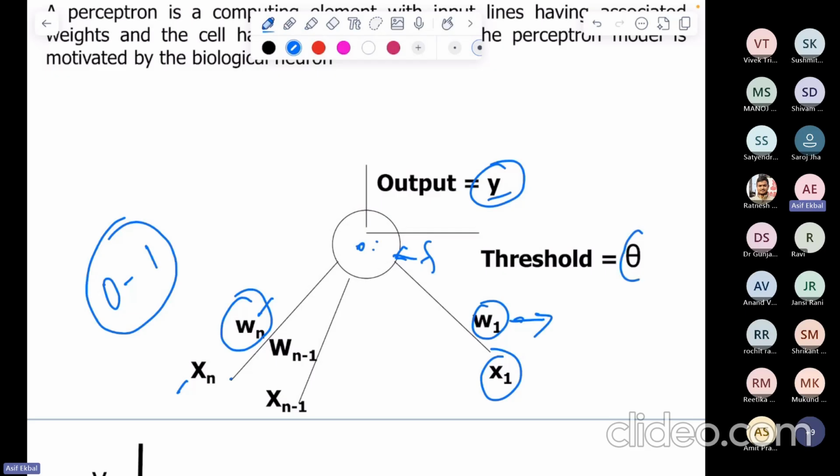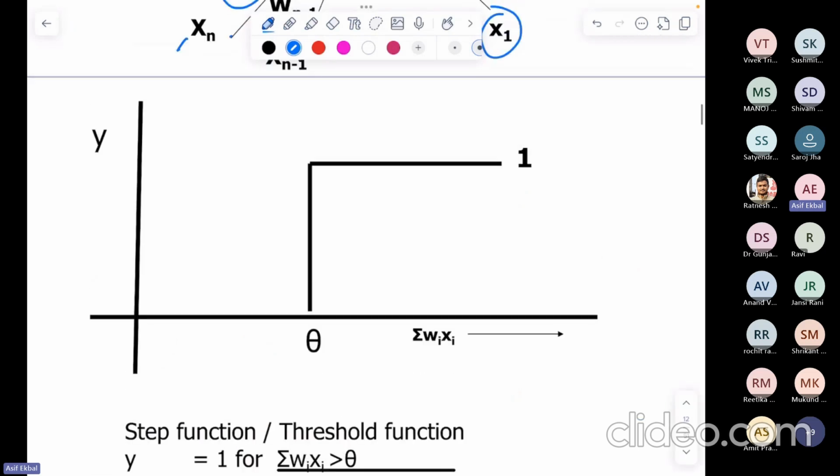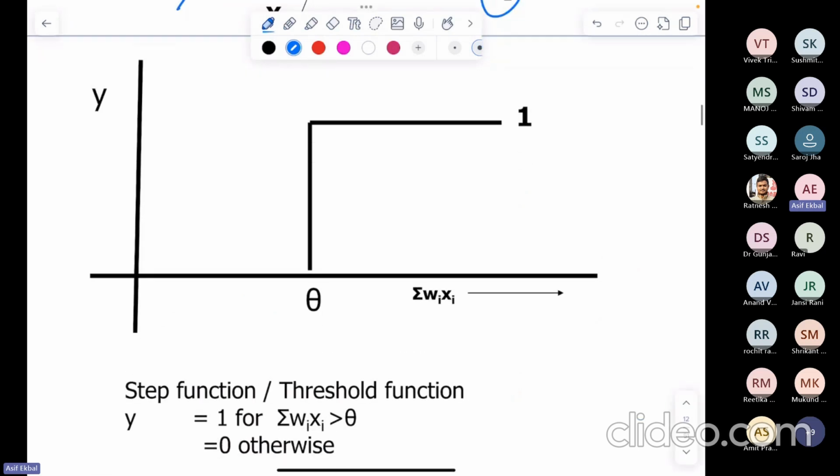Now we also have a kind of threshold to compute, denoted by theta. Typically this threshold function we can use as a kind of step function, which takes a shape like this. This is your theta, and this is the y-axis. The value of y will be 1 if the sum of Wi xi is greater than theta, and in the rest of the region it is 0.